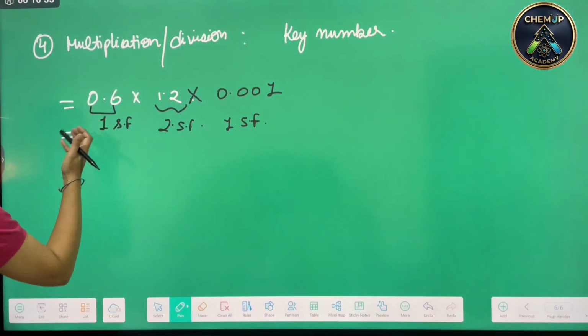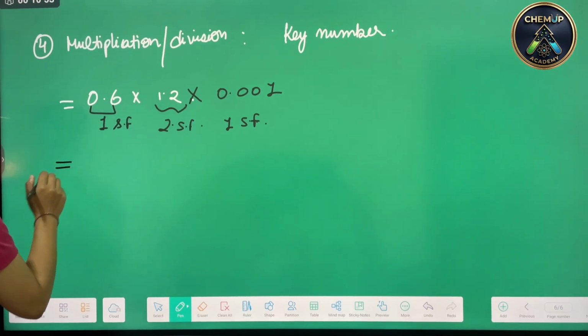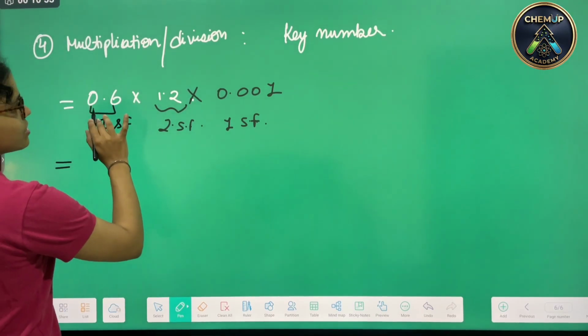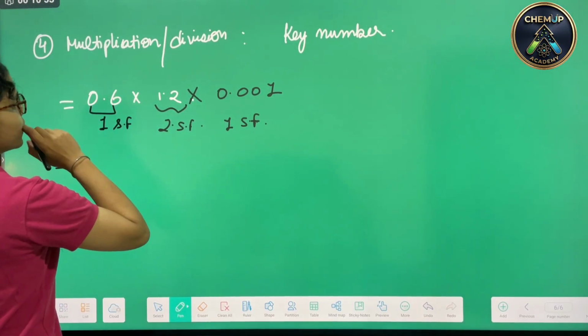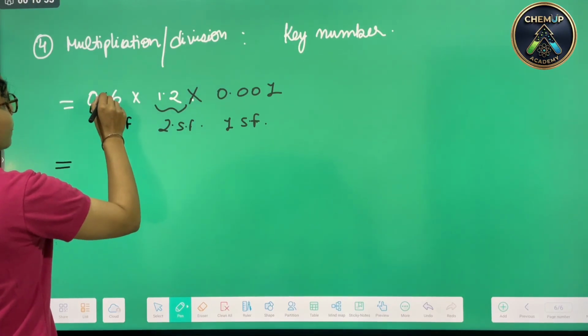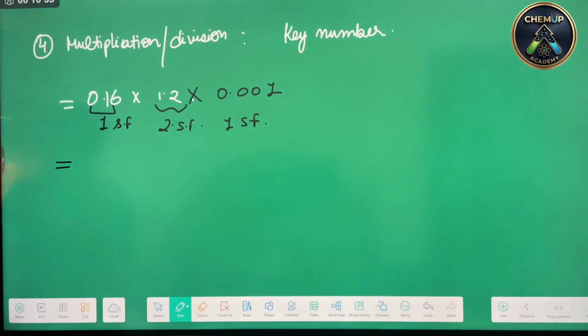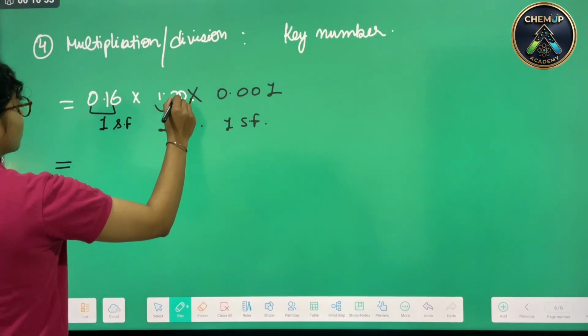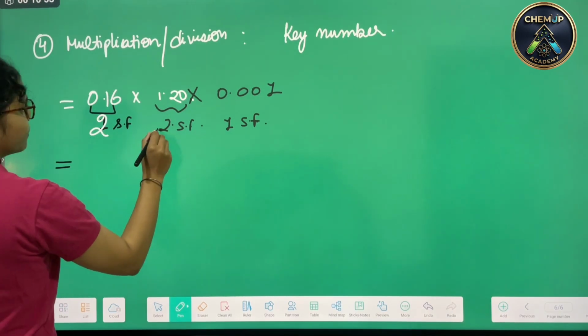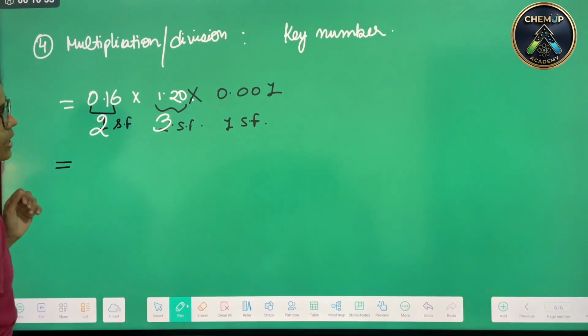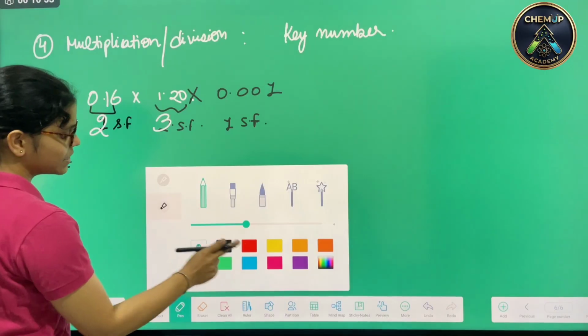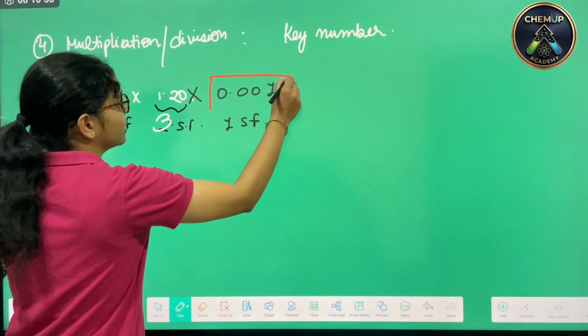So let's multiply them. On multiplying them, what do we get? Let's make it 1 6. 2 it becomes, 3 it becomes, 2 it becomes, 3 it becomes, and 1 it becomes. Therefore, we are left with the specific term of ours, that means the key number.